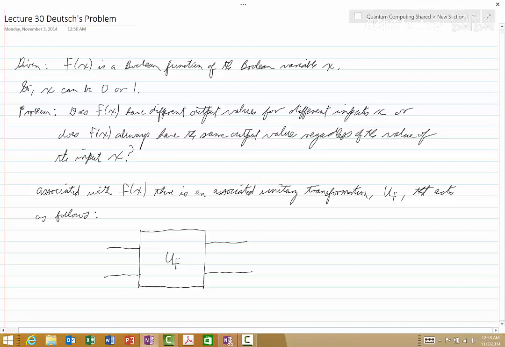We have x and y coming in, and coming out we'll have x and y exclusive or f of x.